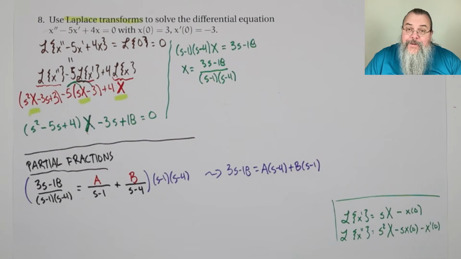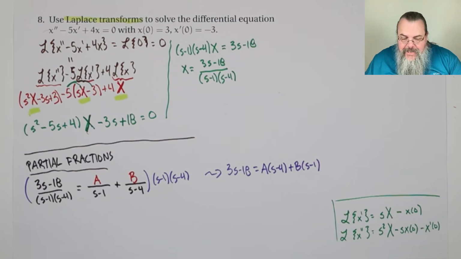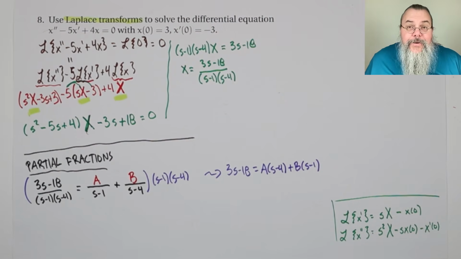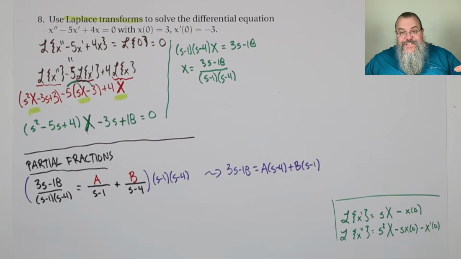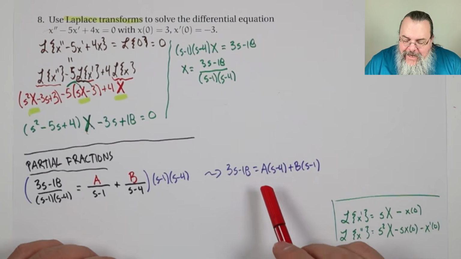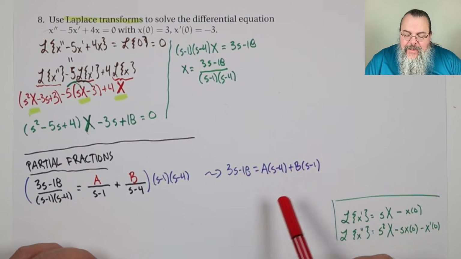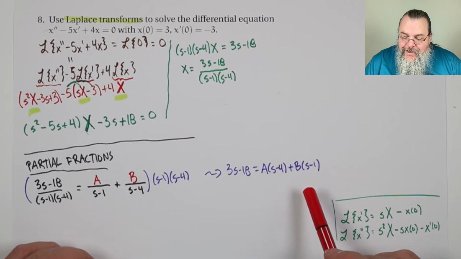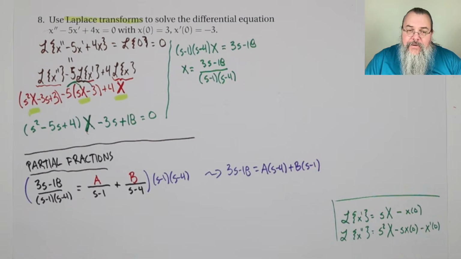Now, I like to make good choices, like reviewing for the quiz. Excellent choice. But here I'm specifically saying, what are some values for s that'll give me zeros? Well, I notice here I have an s minus 1.